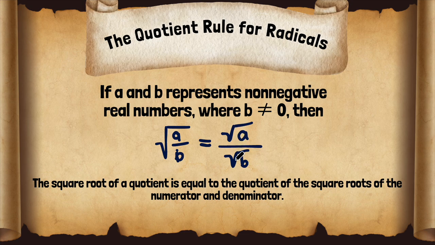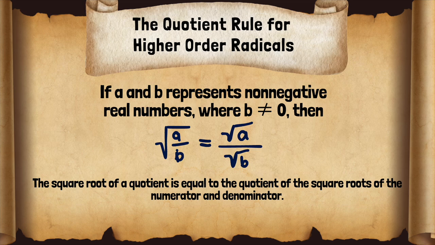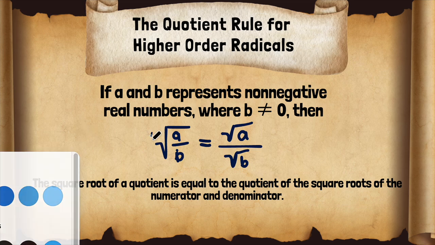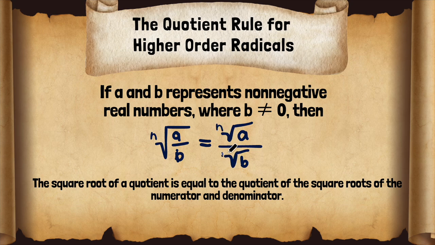Okay? So, parang nangyayari dito, yung quotient daw ng A and B is equal to the quotient of the square roots of the numerator, which is the square root of A, and the denominator, which is the square root of B. Ganun din ang gagawin natin kapag mas malaki ang ating sign. So, like this one, dapat ito ay more than 1 na siya, no?